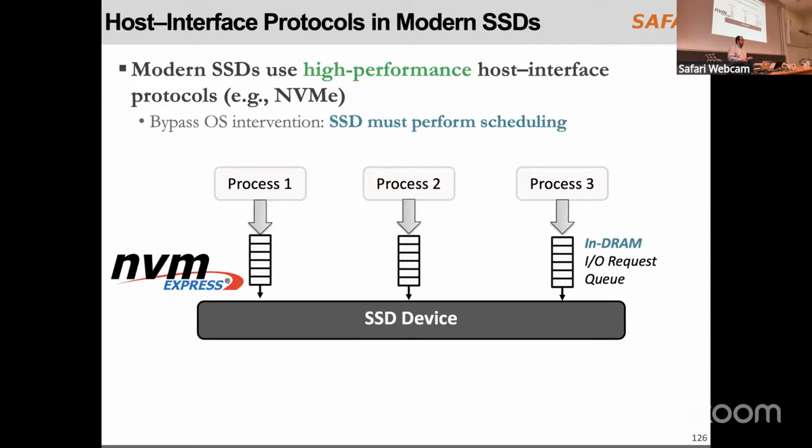Also, when you do this scheduling at the OS level, you don't have enough information about what's going on in the storage, because there is a lot of information in the SSD which is hidden from the operating system. So the operating system is not aware of that, and scheduling at the OS level is going to get us suboptimal solutions also.